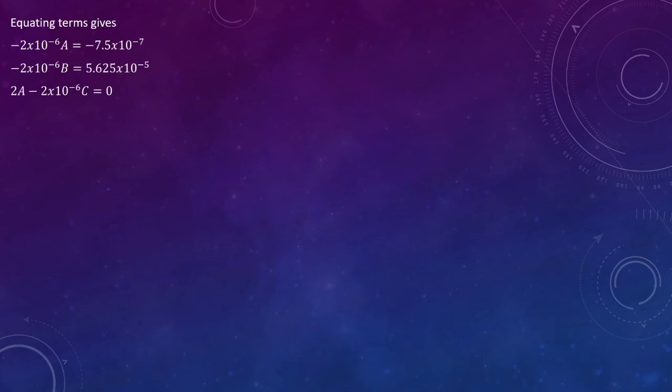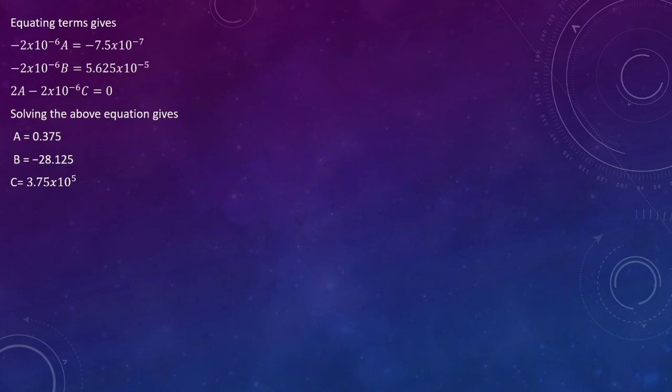Then, 2a minus 2 times 10 raised to the power of negative 6 c is equals to 0. Since wala may ka-common si c sa pikas, so gi-equals na siya to 0. Solving the above equations gives a is equals to 0.375, b is equals to negative 28.125, c is equals to 3.75 times 10 raised to the power of 5.